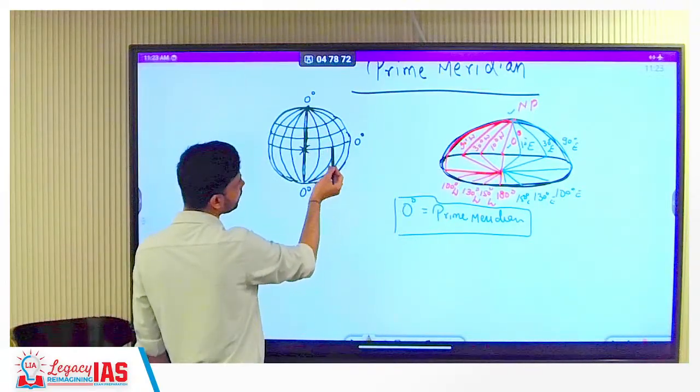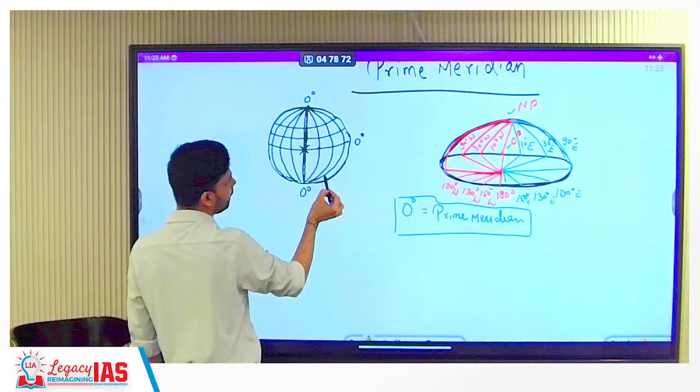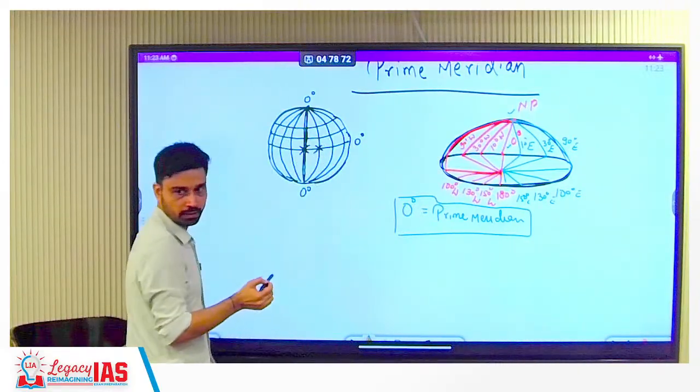Similarly, someone says that I am at 0 degree longitude, but I am at 10 degree of latitude. That means he is at which location? This particular location.